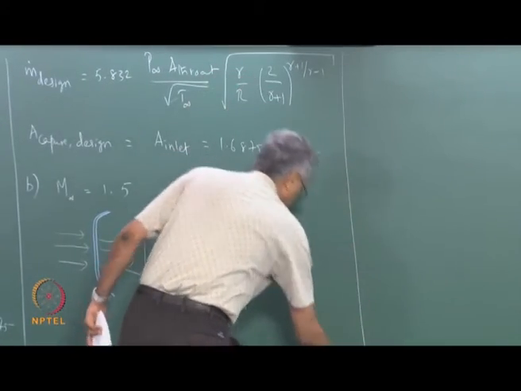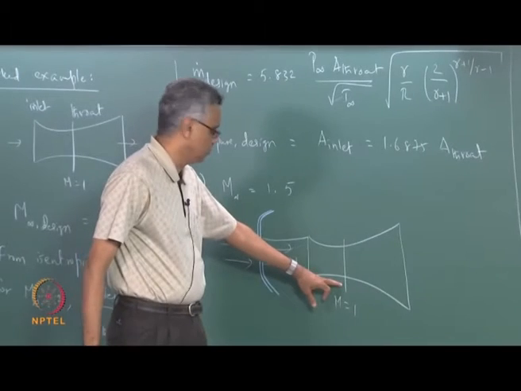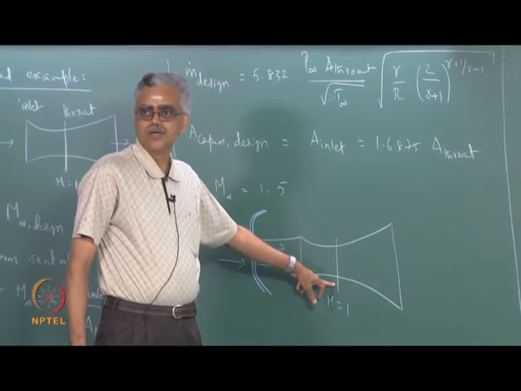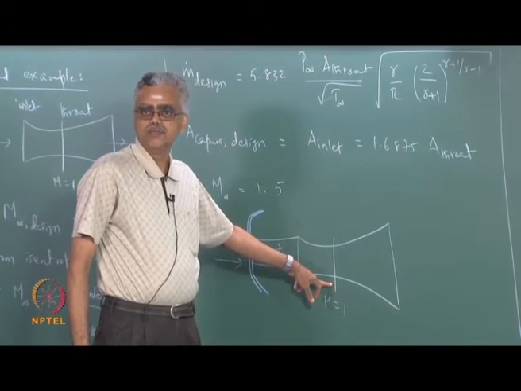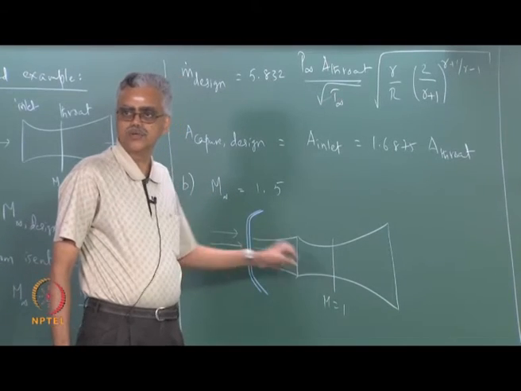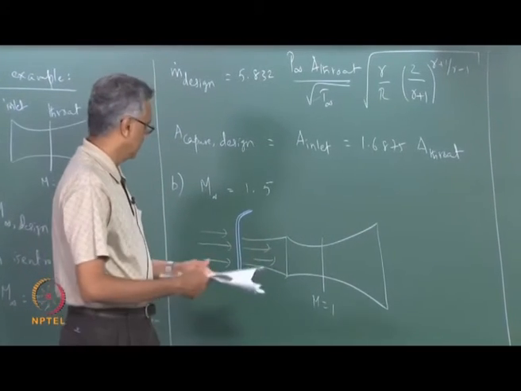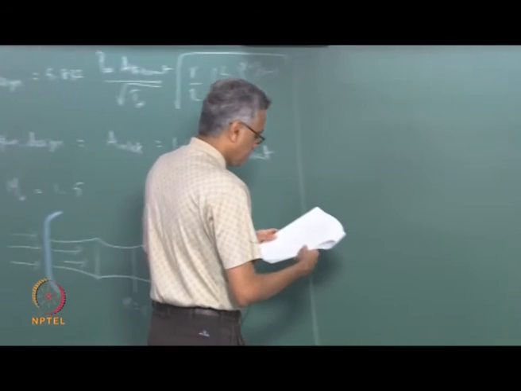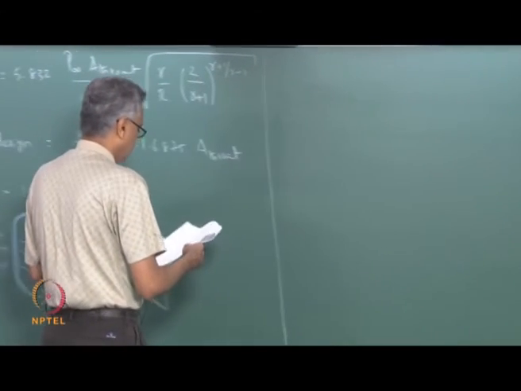The formula for calculating the mass flow rate through the diffuser is the same. The only thing that has changed is P naught, because of the loss of stagnation pressure across the normal shock wave.